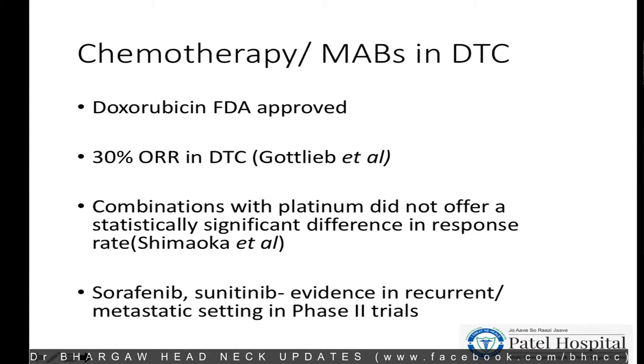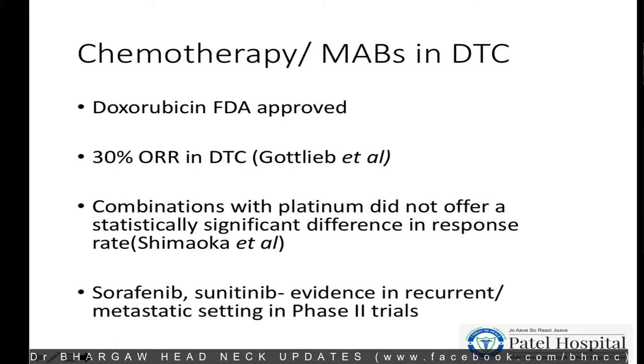Chemotherapy and monoclonal antibodies and kinase inhibitors, we'll talk a little bit more about that because it's extremely important in the setting of radioactive iodine refractory disease. In the old ages, doxorubicin was the only agent that was FDA approved, and that was the case till just a few years back. And whenever other combinations with cytotoxic agents were tried, it did not really have a benefit. In fact, the only modest improvement in survival from anaplastic used to be from a regimen of adriamycin and low-dose radiation therapy.